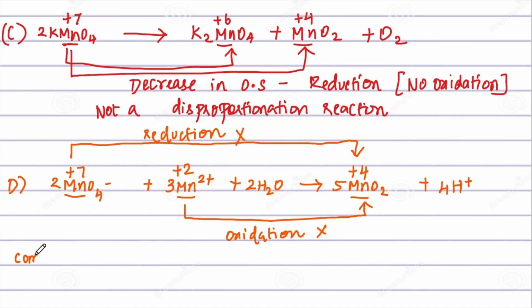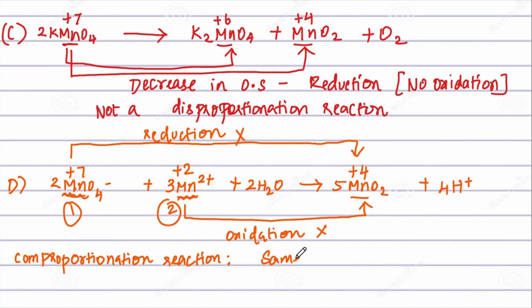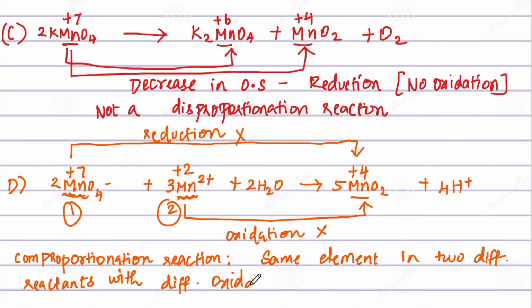So this type of reaction is called a comproportionation reaction. This is not a disproportionation reaction. This type of reaction is called a comproportionation reaction, where we have reactant 1 and reactant 2, two reactants in which the same element is present. The same element, manganese, is present in two different reactants with different oxidation states.